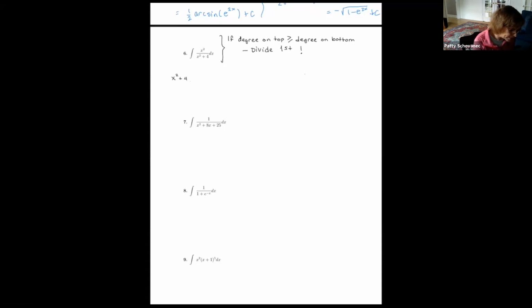The one on the top is the dividend. I know that if I multiply x squared by 1, I get x squared. So my quotient term is just a 1. Then I subtract that line from the line above it, and that -4 is my remainder, which is the fractional part as a fraction of the divisor. That tells me that my original integral is the same as 1 plus the remainder over the divisor.